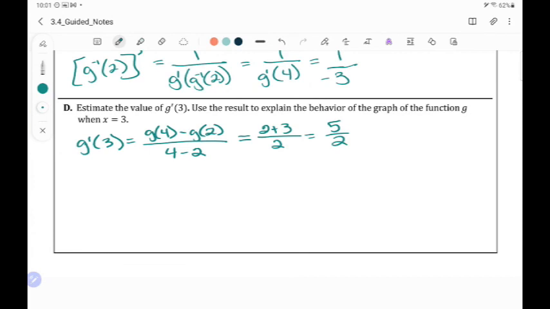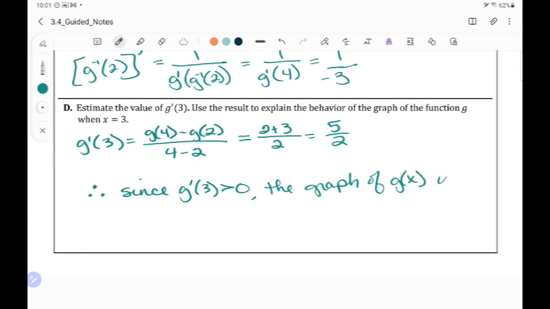Is there anything this tells us about the behavior of the graph? Well, we got a positive slope. So we know that the slope of the tangent line is positive. What does that tell us about the graph of G? Well, this may be new for you. It's not really new, but it might be refreshing your memory. Since G prime of 3 is greater than 0, the graph of G of x is increasing.